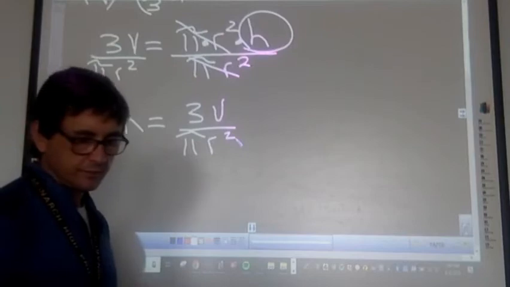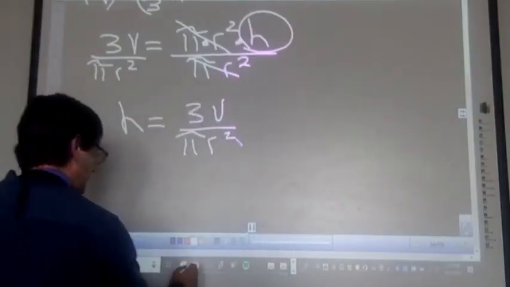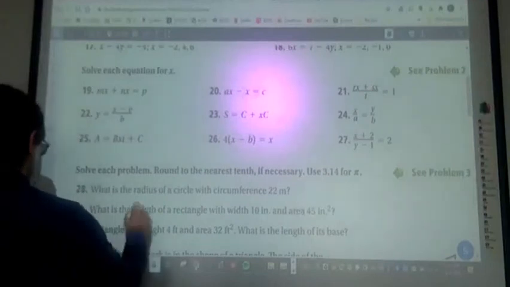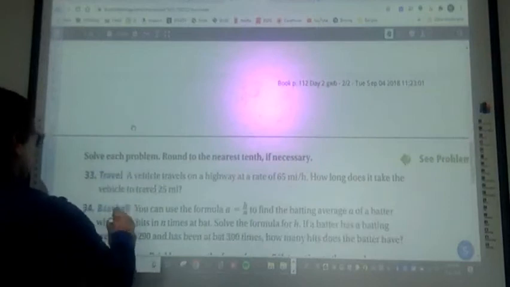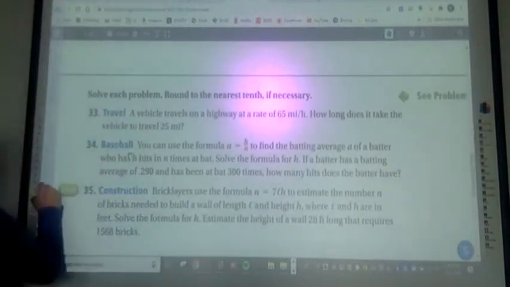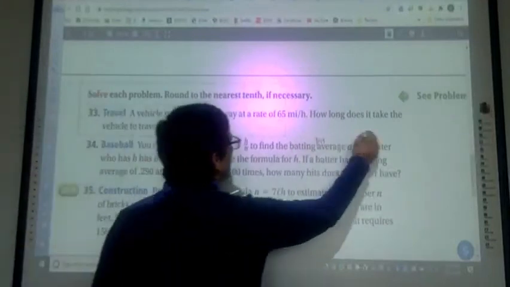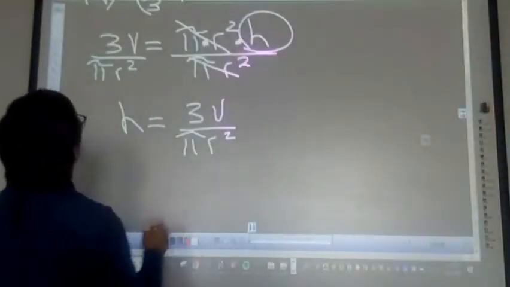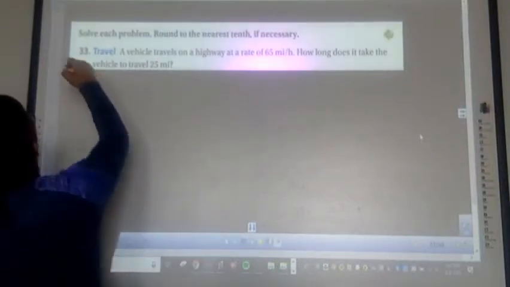Zasha, what you got? For 33, I got a fraction, and I'm not quite sure if that's right. Okay, let me see. Let's see, 33. Vehicle travels on a highway at a rate.